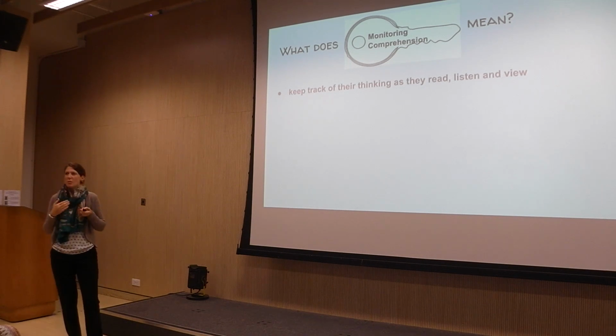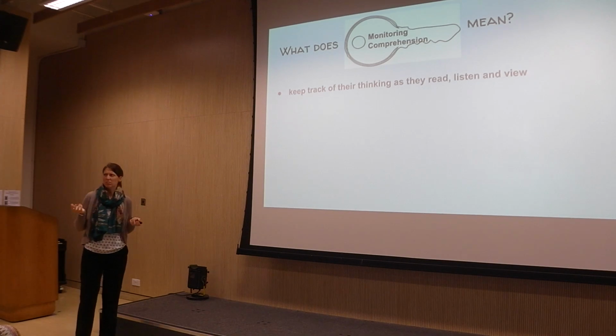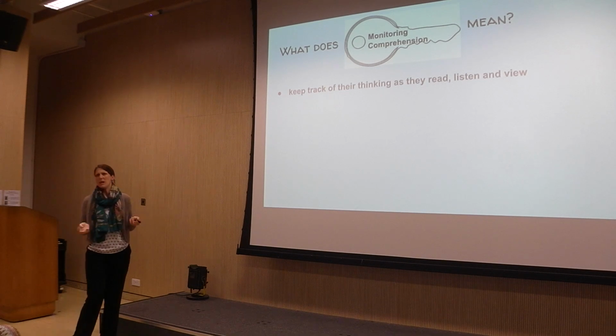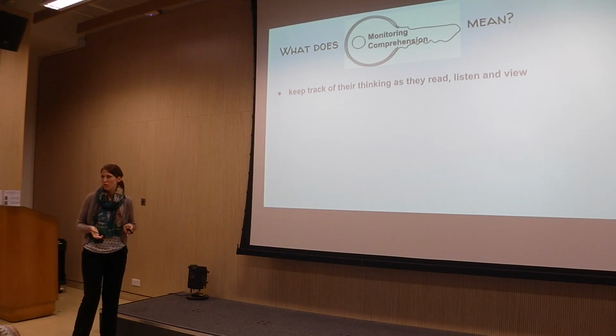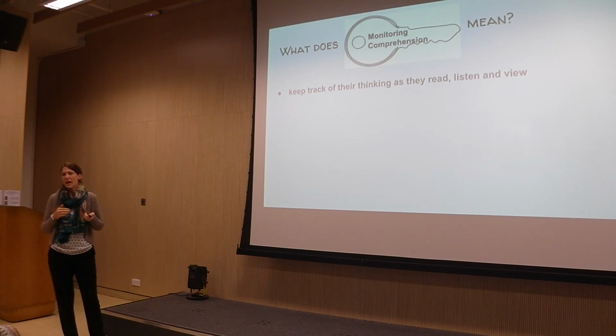But now it gets a bit more sophisticated because they're actually listening to their inner voice as they're reading some text, and they're reacting to what they're reading. Rather than just connecting, they're actually thinking, oh, does that make sense? Oh, I never knew that. Or wow, that's a new fact. So actually keeping track of what they're thinking as they go along, not just getting to the end of the book.